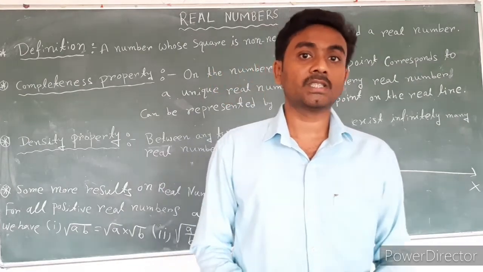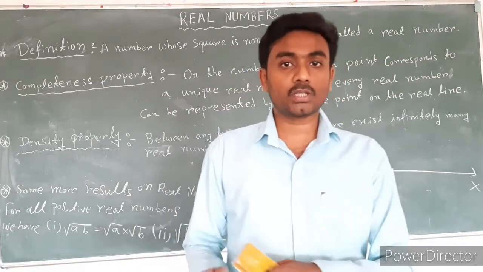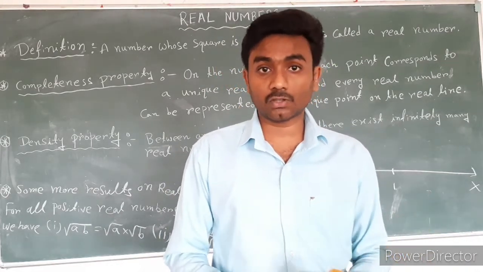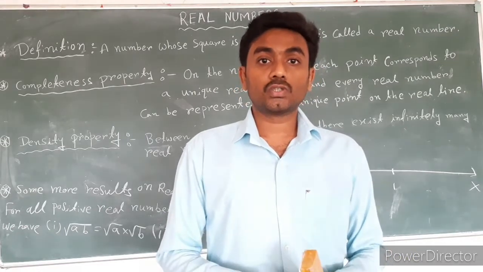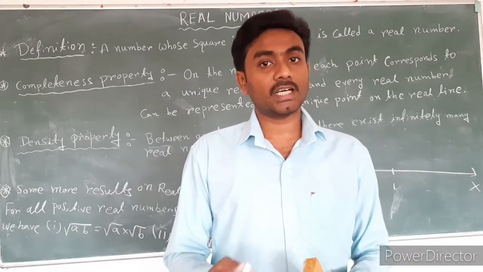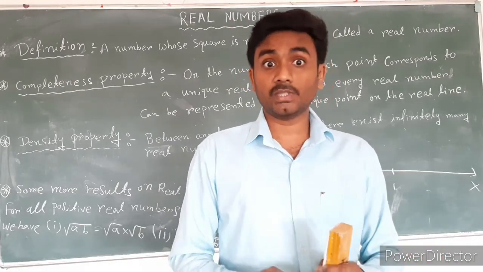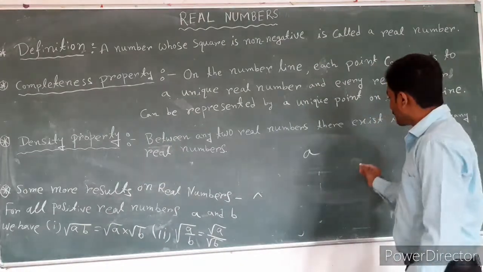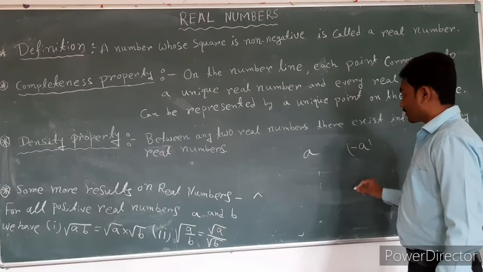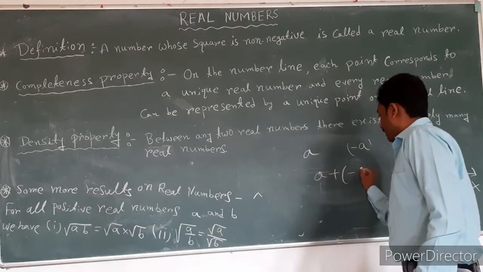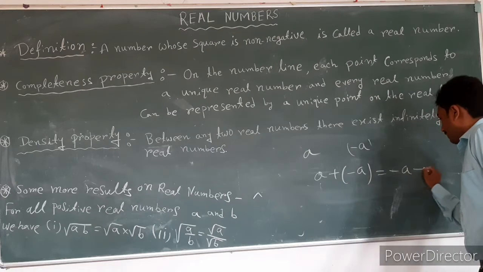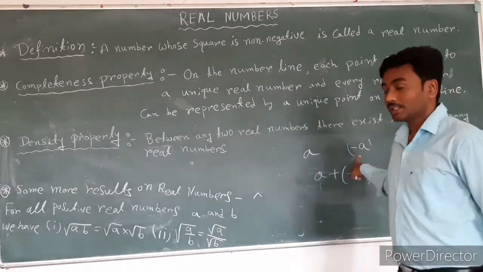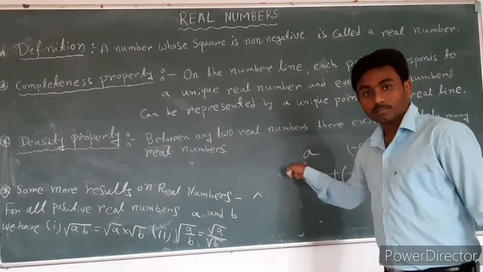Commutative property: a plus b is equal to b plus a. Similarly, associative property and existence of identity. 0 is the additive identity in addition. And existence of additive inverse: for each real number a, there exists a unique real number -a, such that a plus -a is equal to -a plus a is equal to 0. So -a is the additive inverse of a.